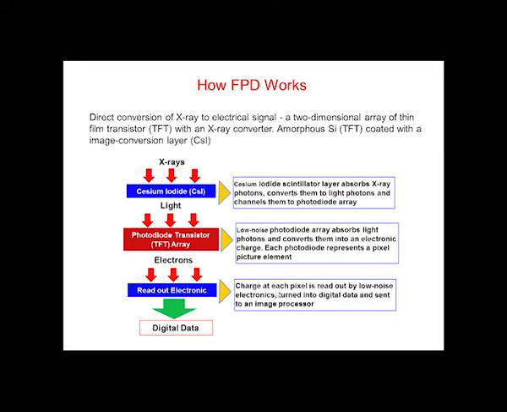So, that is how the charge at each pixel is read out by low noise electronics and turned into digital data, which will be sent to the image processor to finally form the digital image. So, this is how it works, which is shown here schematically.